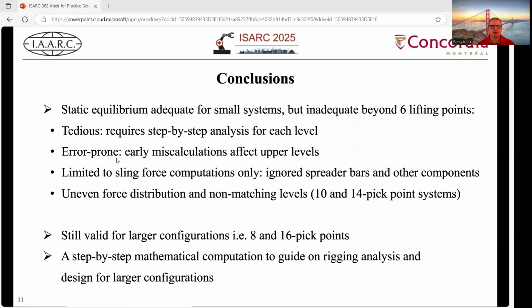It also ignored other components and focused only on sling analysis. The uneven force distribution and the mismatching number of levels were two issues encountered by this method also. On the other hand, the method is still valid for configurations like the 8 and 16 peak point assemblies. It also provided a clear mathematical analysis and design procedure for larger rigging configurations.